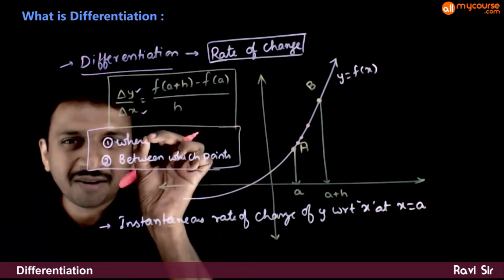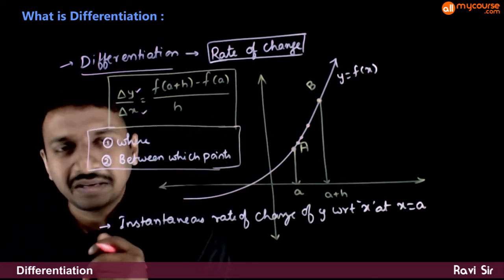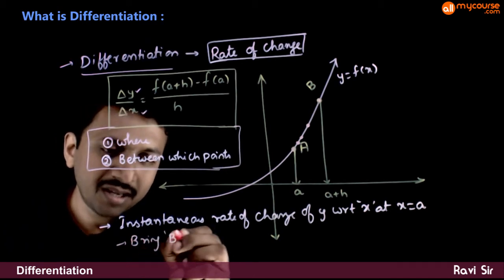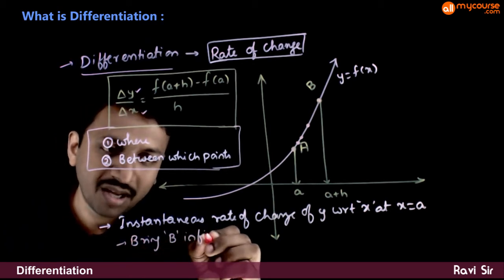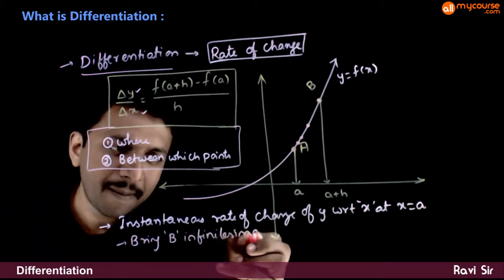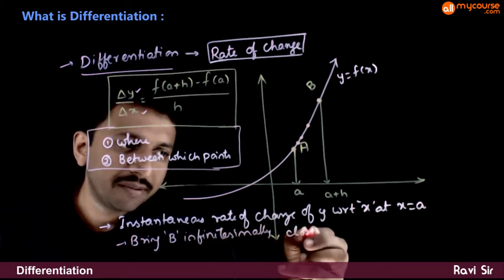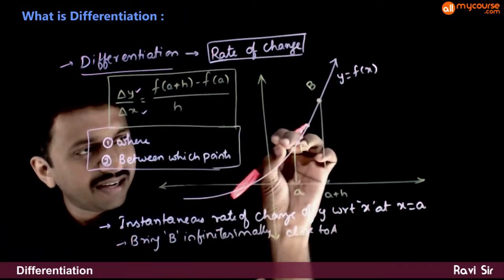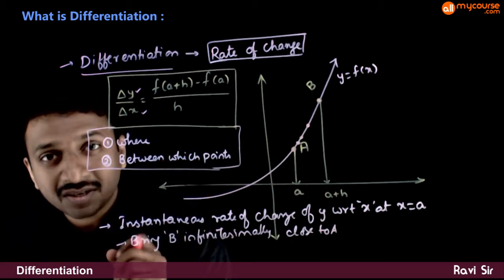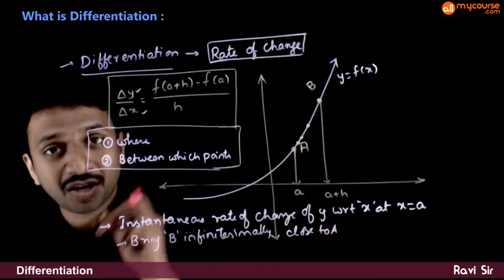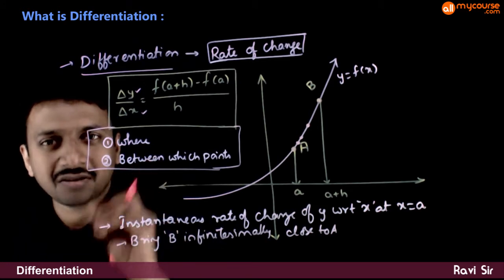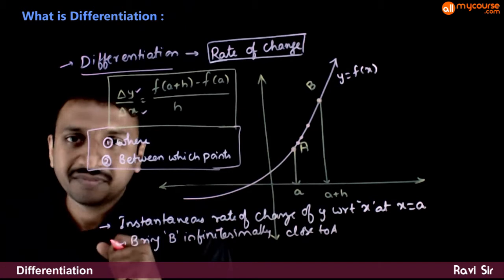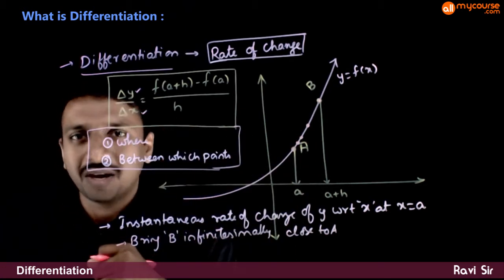The difference between A and B is infinitesimal. If you bring this B very close to A and take A and B as points, the average rate of change which you get will be very close to the instantaneous rate of change at A, because the interval is very small.